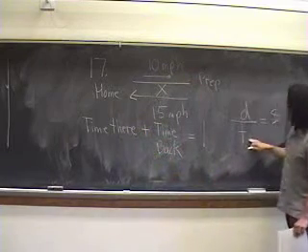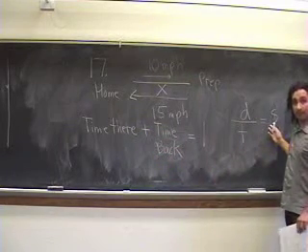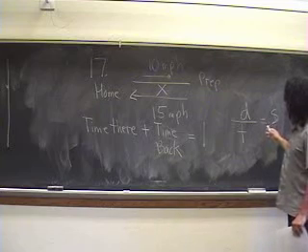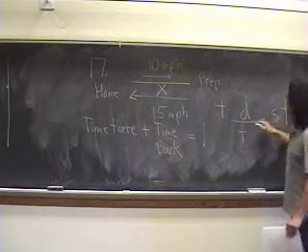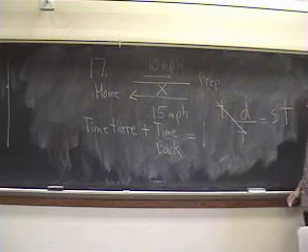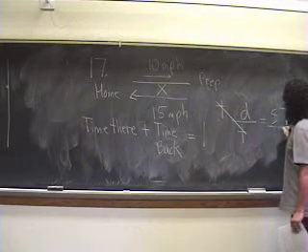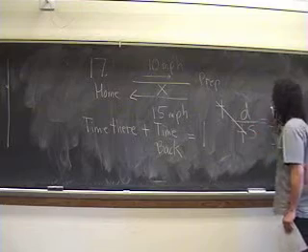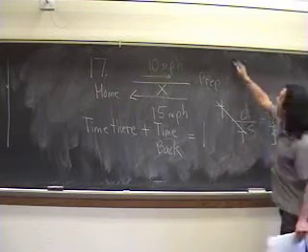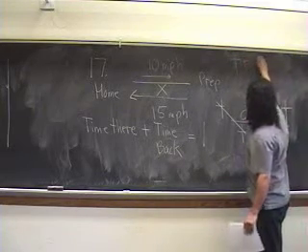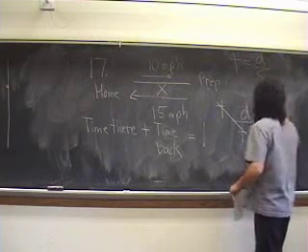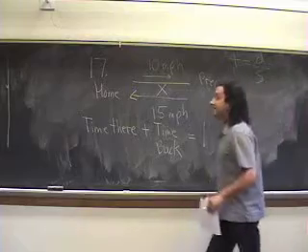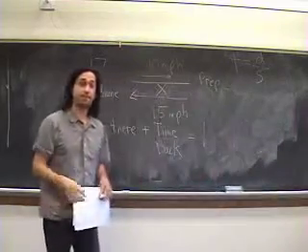Well, to get the time, we need to solve for time. So it looks like I can multiply both sides by t. I can divide both sides by s. And I get the relationship that the time is the distance over the speed.